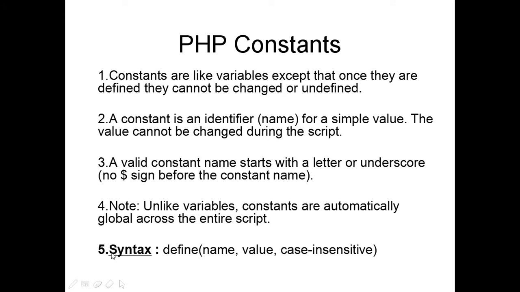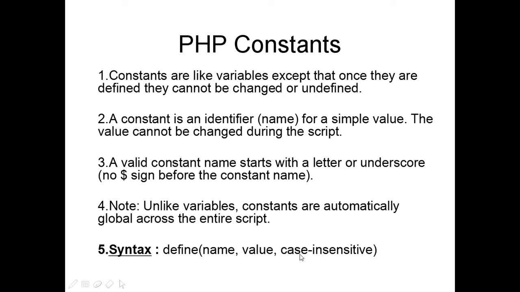So the syntax of a constant is, how can you declare a constant? You have to write the define function. It takes three parameters. The first parameter is the name, the second parameter is the value, and the third parameter is optional, which is case insensitive.